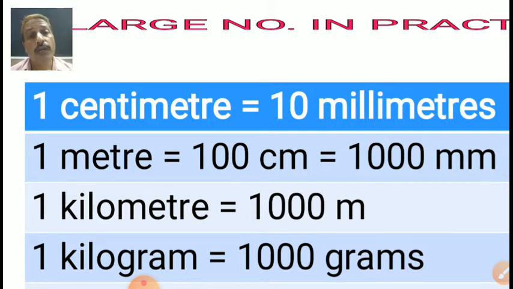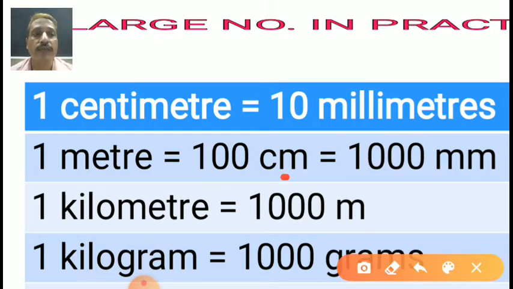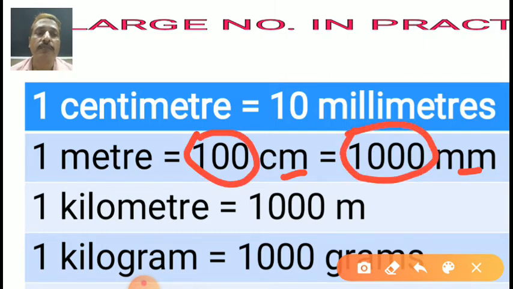Or you can write millimeter also. In short, centimeters are written as cm, and millimeters are written as mm. Here 100 centimeter, converted into millimeter, means multiply by 10. So 100 multiplied by 10 gives you 1000. Understood? This is also a second relation.